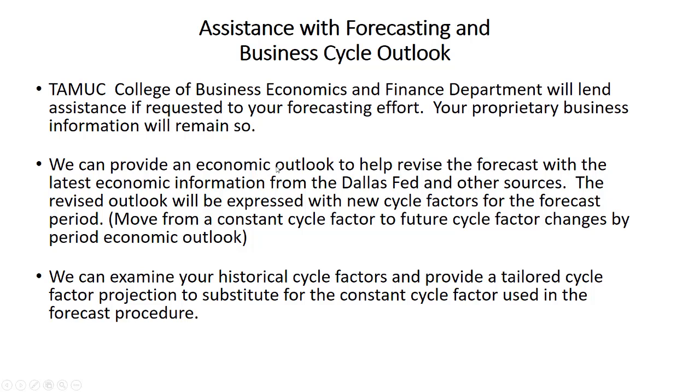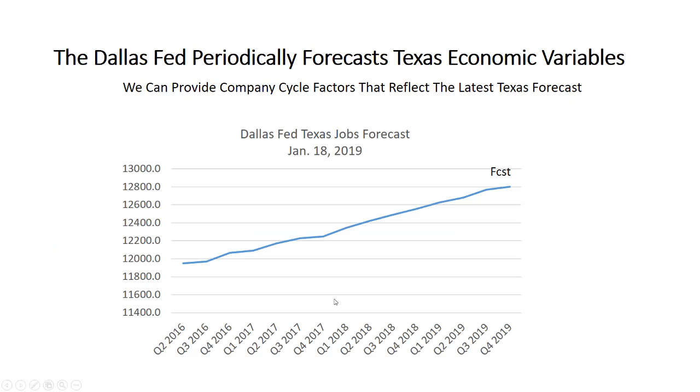So we can provide you economic outlook in terms of what the cycle factors might be, what the Federal Reserve Bank of Dallas says, and we can examine your historical cycle factors and provide you a tailored cycle factor projection to substitute for the constant cycle factor used in the forecast procedures that we've given you. Okay? So we can replace that constant cycle factor and recommend whether you introduce a recession and what quarter or month it might appear in.